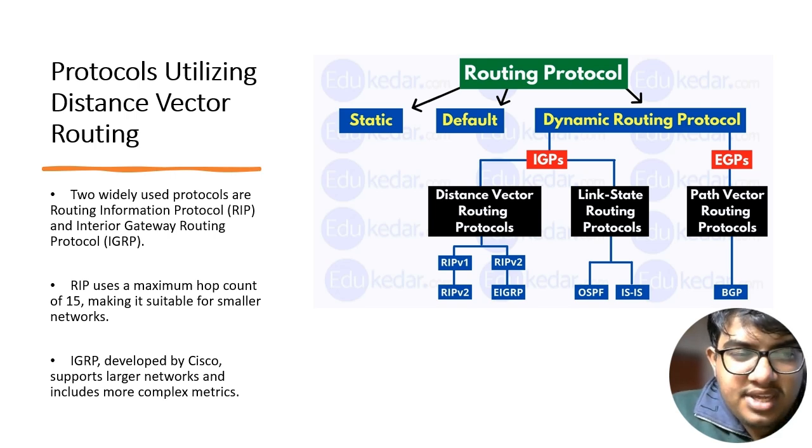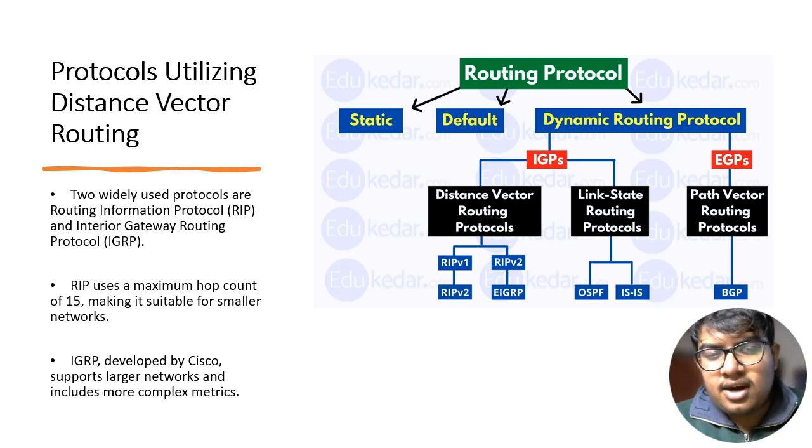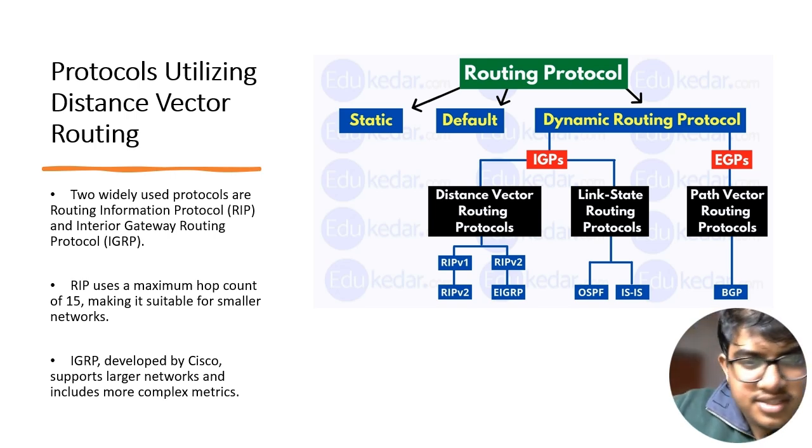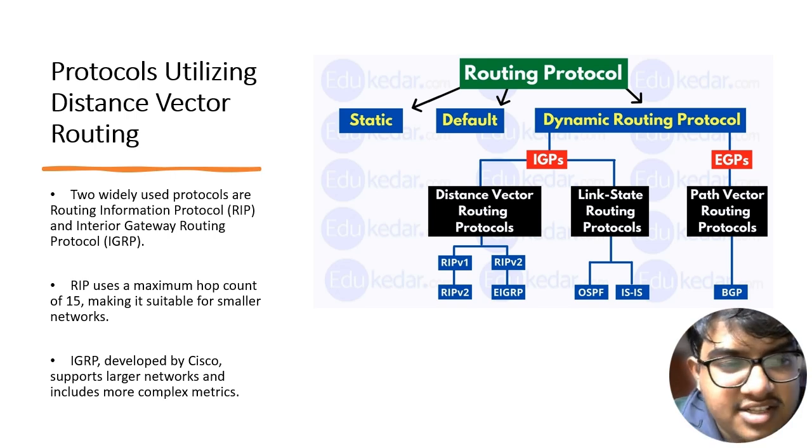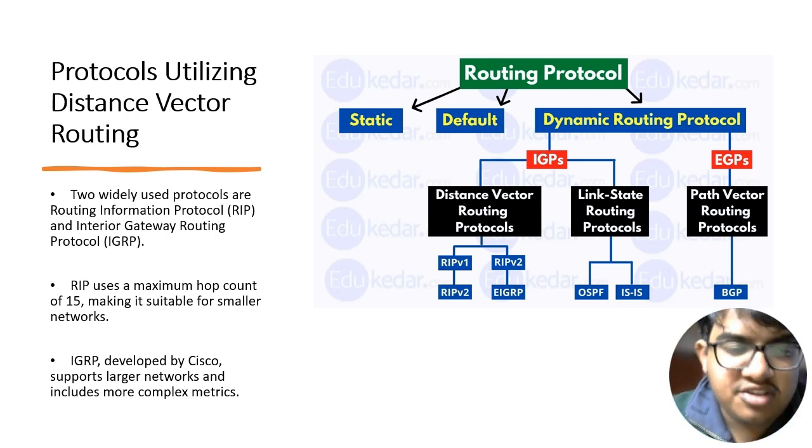RIP uses a max hop count of 15, making it suitable for small networks. But when you take into account bigger networks, IGRP, which is developed by Cisco, supports larger networks and includes more complex metrics, which compared to RIP is very powerful and is not usually needed for small networks.